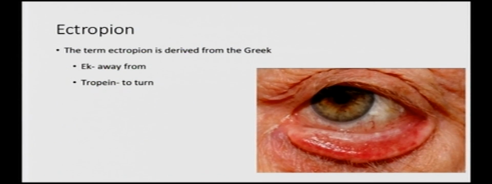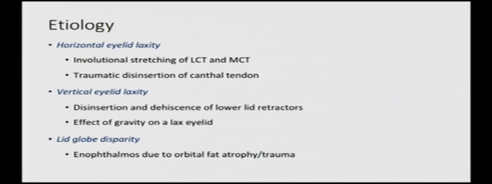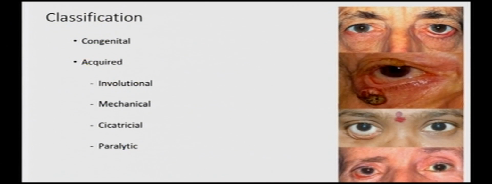Ectropion, as we know, is an outward turning of the eyelid, which is caused by various conditions. If there's any problem with the horizontal eyelid laxity or vertical eyelid laxity, or if there's a disparity with the globe, then the patient can have outward turning of the eyelids. It is also divided into 2 categories, congenital and acquired.